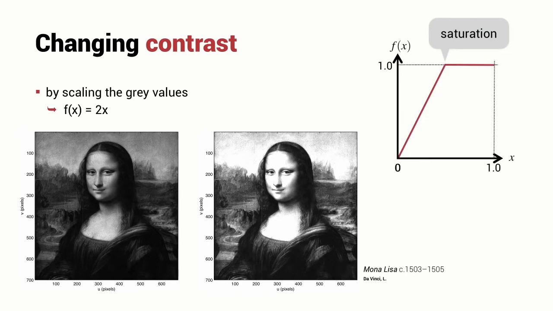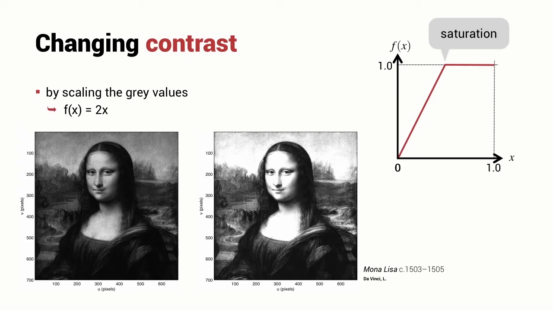Another way to increase the brightness of the image, often referred to actually as increasing the contrast of the image, is to multiply all the grey values by a constant. So in this case, we're going to multiply all the grey values by the value of 2. And we can see if we represent this graphically again, the slope of the line now is steeper than it was before.